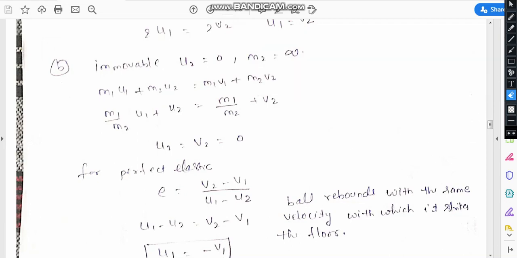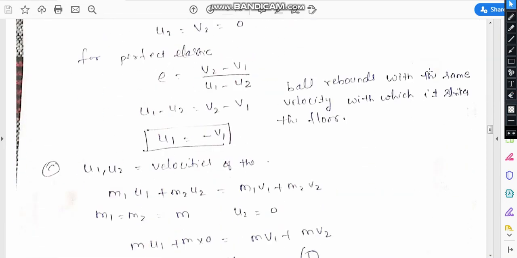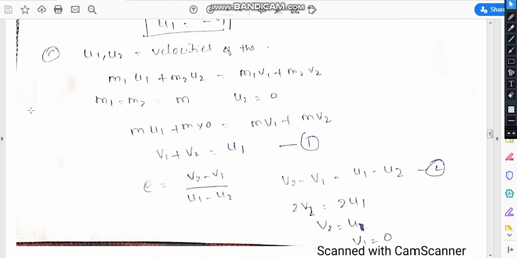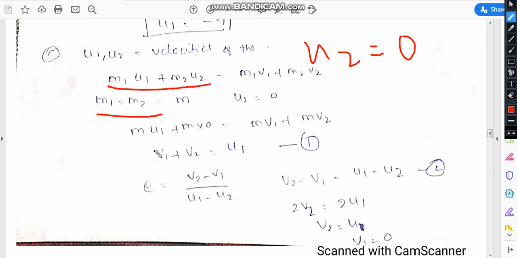In the third part, a body strikes another body of equal mass at rest, which means u2 is 0, and both have the same mass. According to conservation of linear momentum, v1 plus v2 equals u1, and for the elastic collision, again v2 minus v1 equals u1 minus u2.